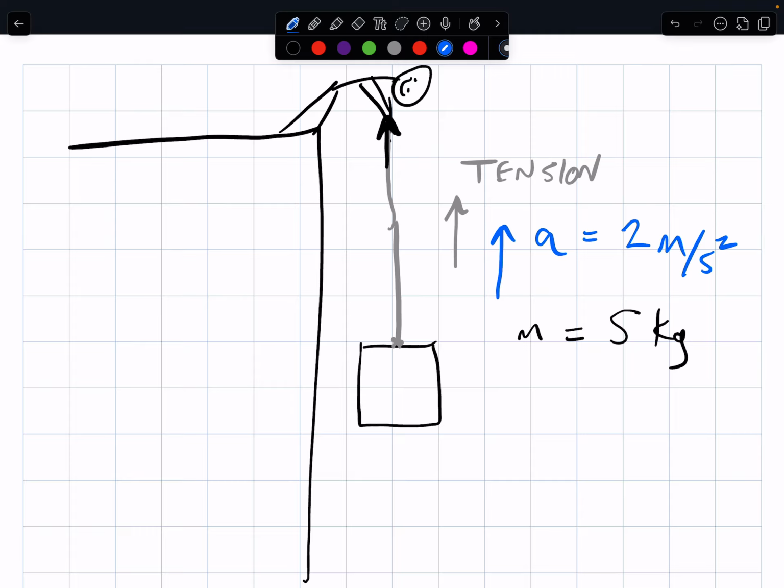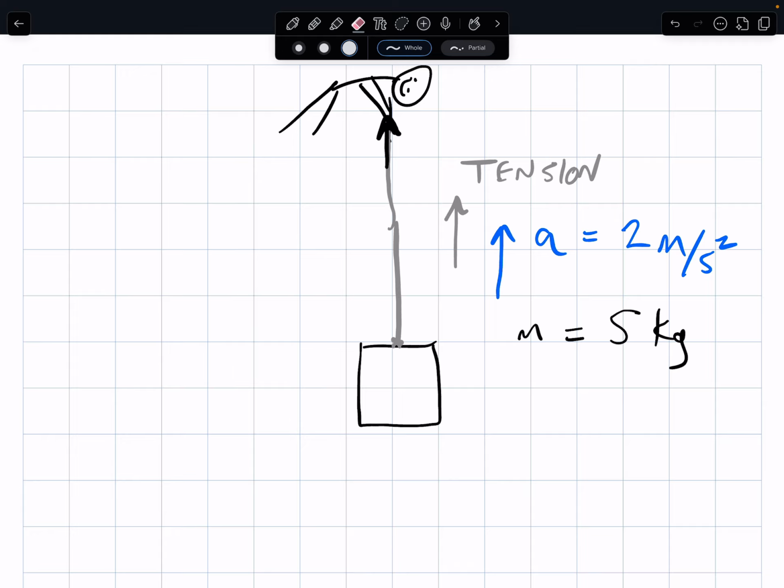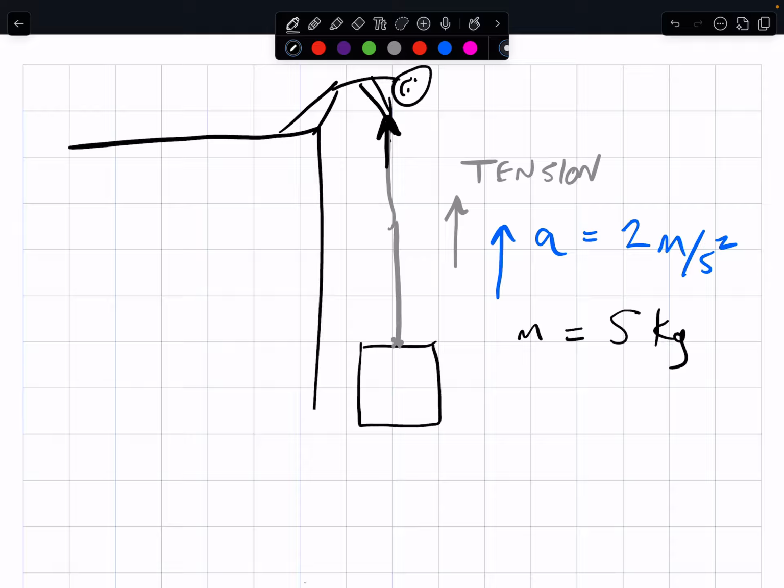And then what I'm going to do, though, is, oh, yikes, I disappeared the ground. There we go. So, net force equals ma. But what I'm going to do first is draw all the forces acting on this block right here. This is called a free body diagram. So I've got T, and of course there's gravity, mg.